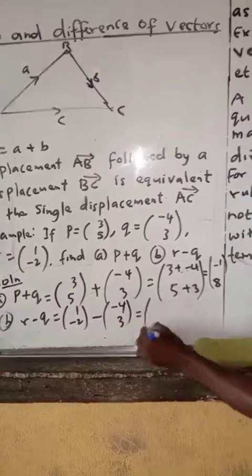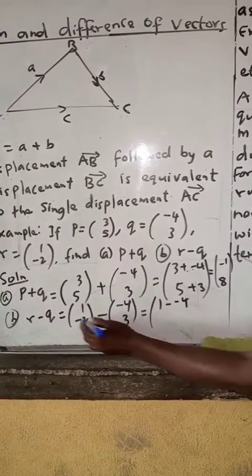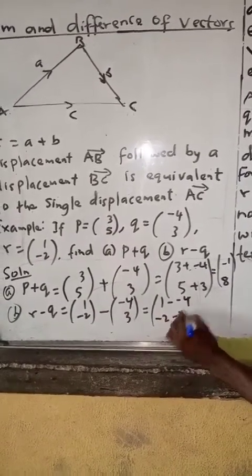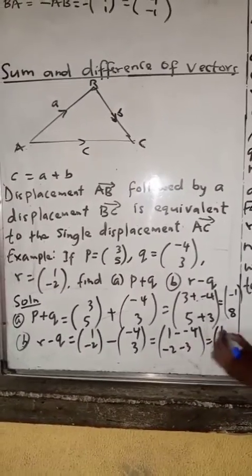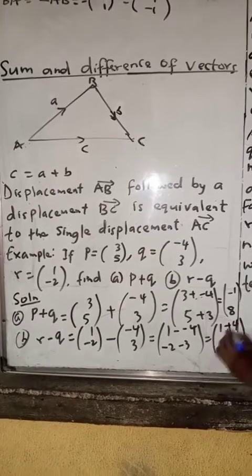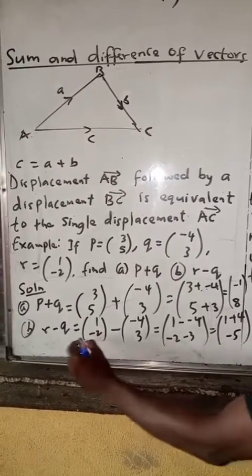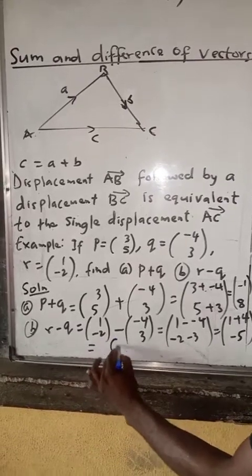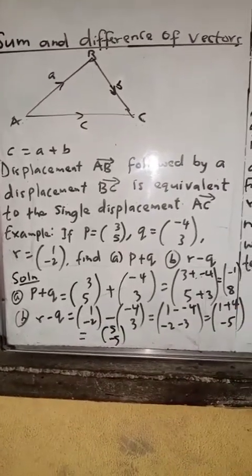So we have 1 minus minus 4 and minus 2 minus 3. So we have 1 minus minus gives you plus, so 5, and minus 2 minus 3 is minus 5. So this is going to be (5, minus 5).